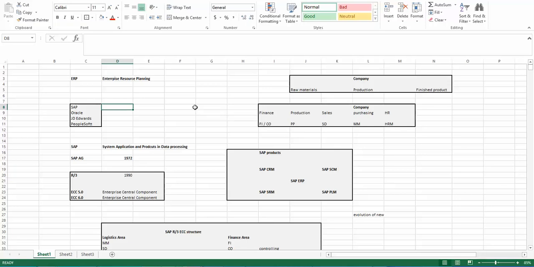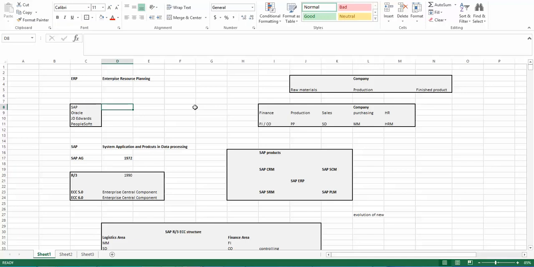So what is the requirement of an enterprise resource planning software? Basically, an ERP software or an SAP ERP is required when you have a huge business. It's not only in the case of huge businesses, even small businesses could implement SAP.